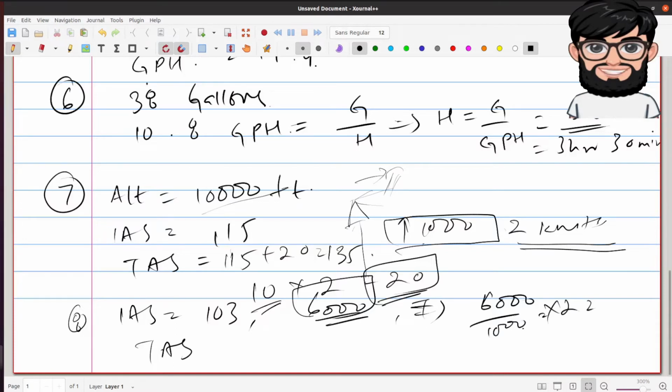With every factor we have an increment of 2 knots, so that's going to make it 12. So this is going to be equal to 115 knots.